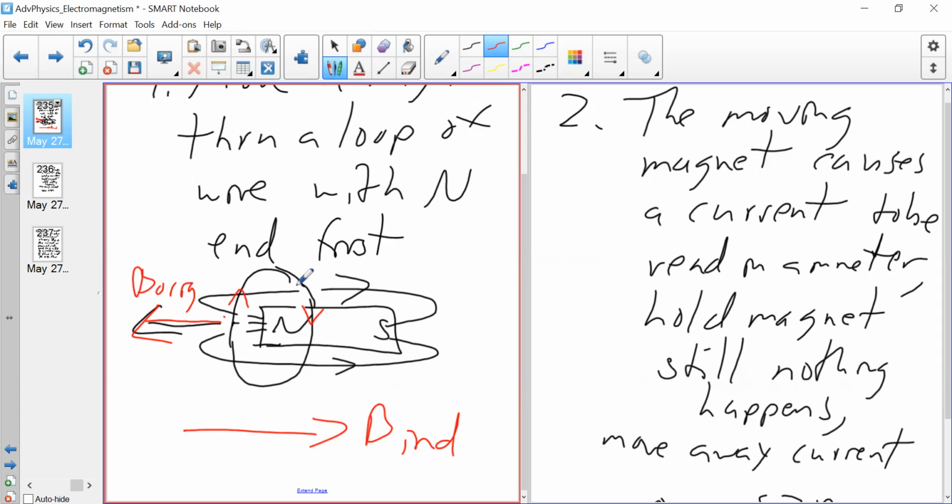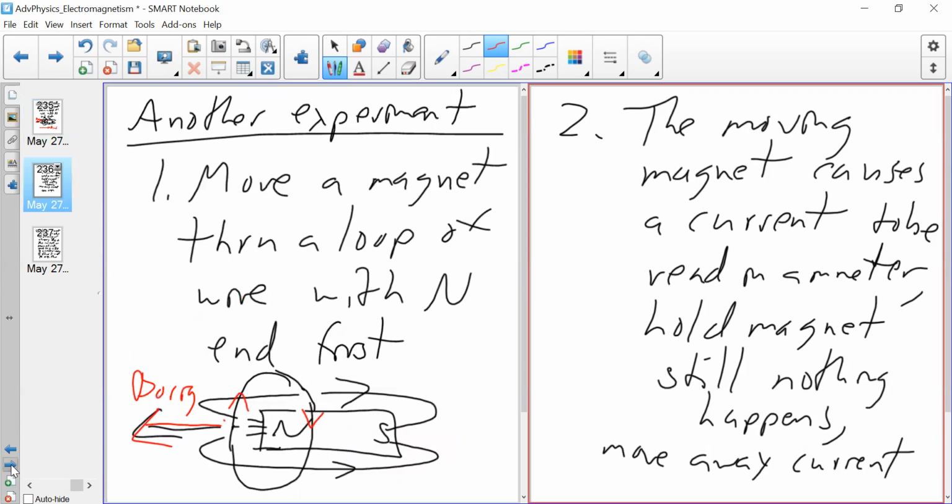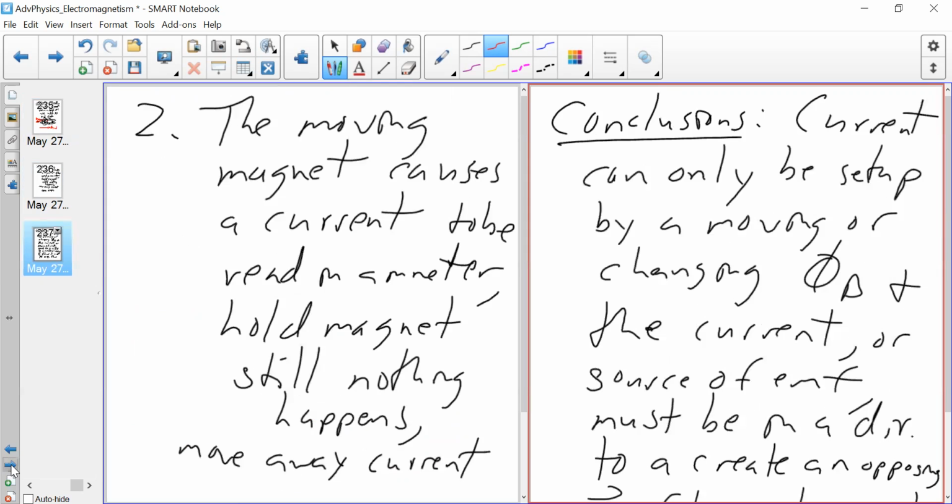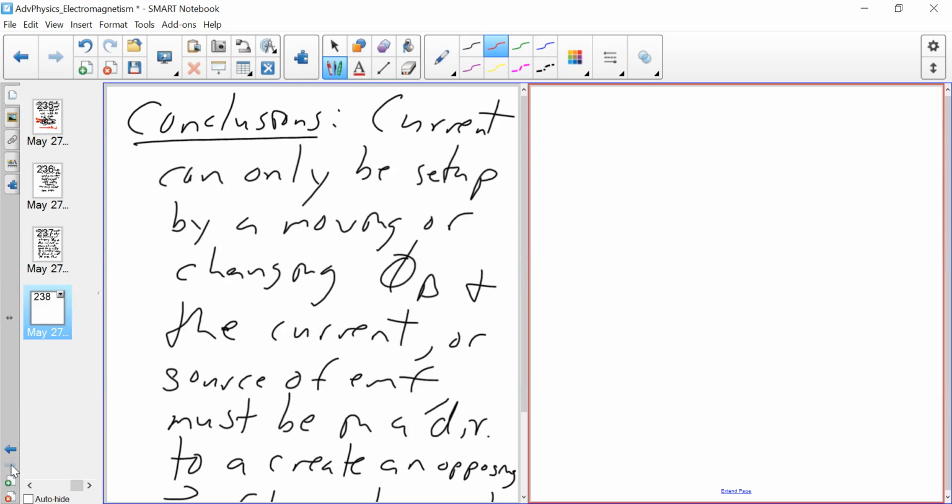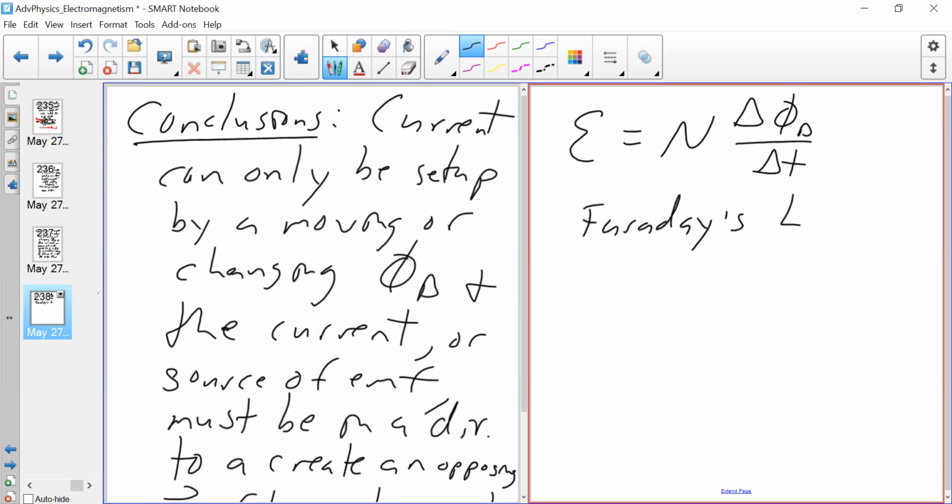So now we must make a slight change to Faraday's law. And I'm going to save some writing here. So E equals N delta phi B over delta T. Faraday's law, electromagnetic induction.